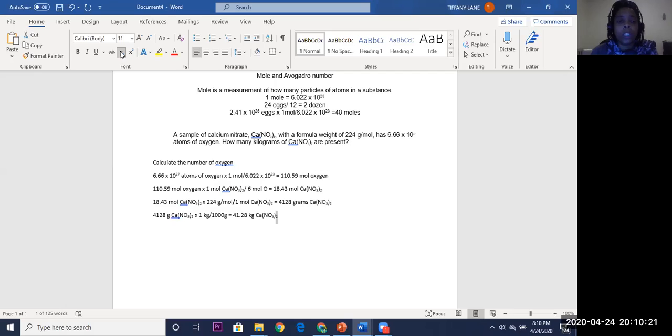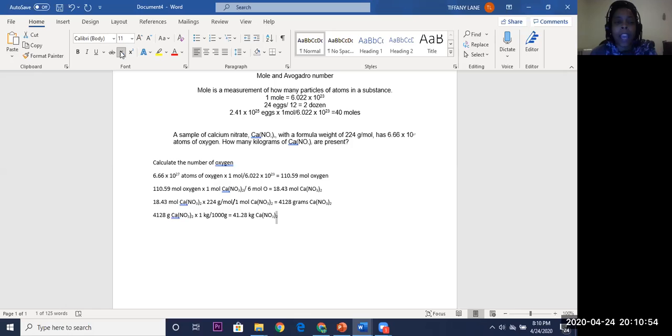Then we took that 110.59 moles of oxygen and multiplied by 1 mole of calcium nitrate over how many oxygen are in calcium nitrate. When we looked at the molecular formula of calcium nitrate, we noticed that oxygen appears 3 times 2, which gave us 6 moles of oxygen. So we divided the 110.56 by 6, which gave us 18.43 moles of calcium nitrate.